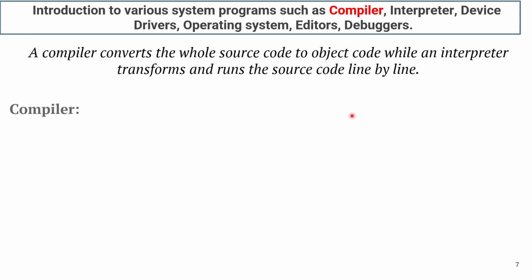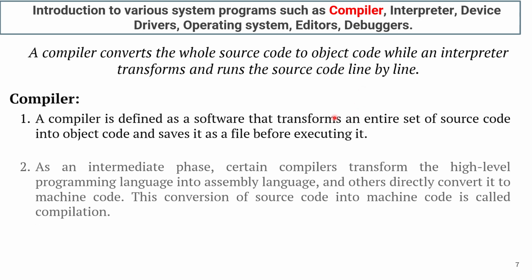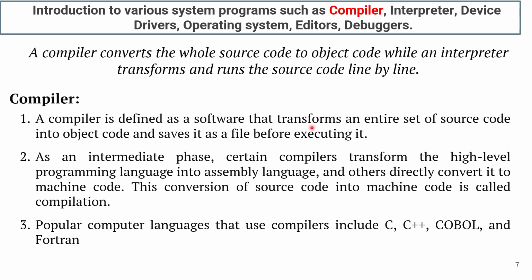Let's see what the slide says. A compiler is defined as a software that transforms an entire set of source code into object code and saves it as a file before executing it. So, after the successful compilation of the program, the object code is saved in a file, and this file has an extension .obj.